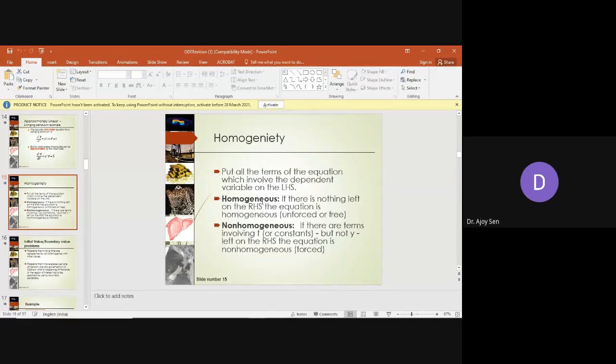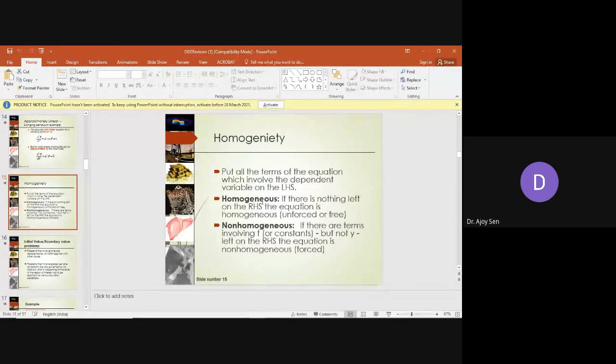In a non-homogeneous equation, there are some terms involving t but not y. Here t means the independent variable, which you have taken as x. Terms containing x and some functions of x on the right hand side of the differential equation make it a non-homogeneous differential equation.